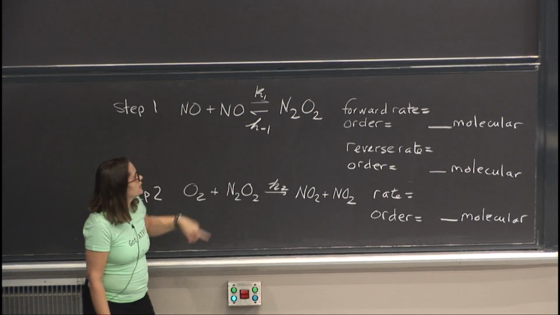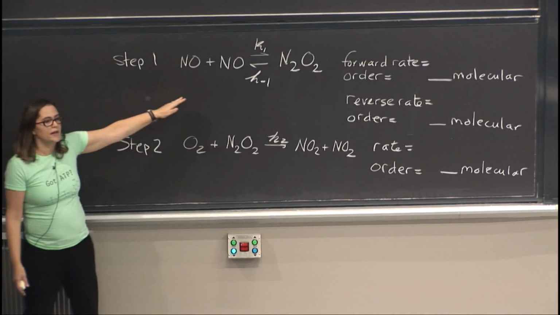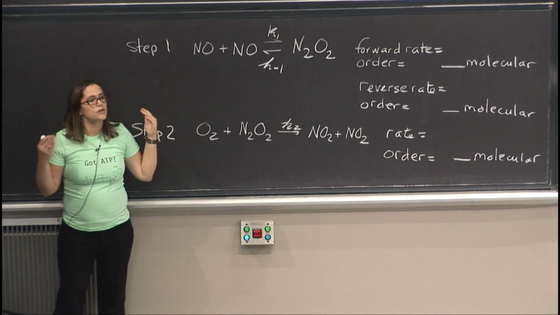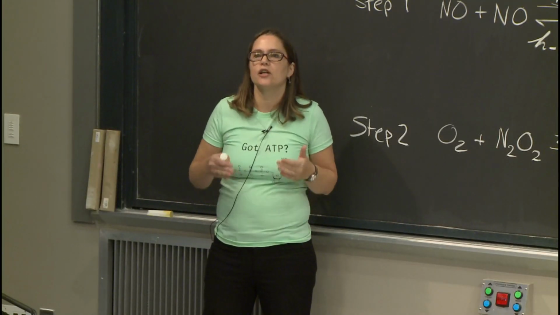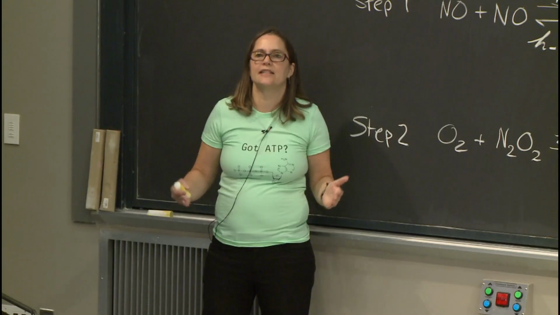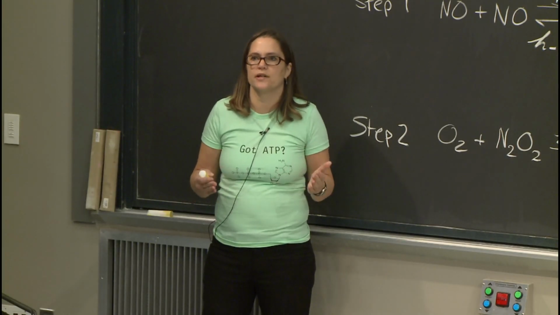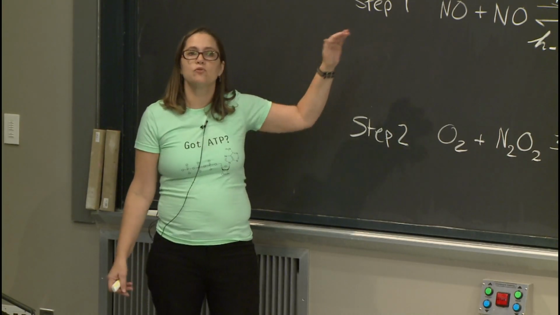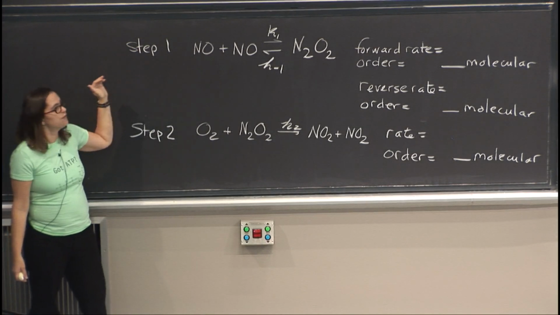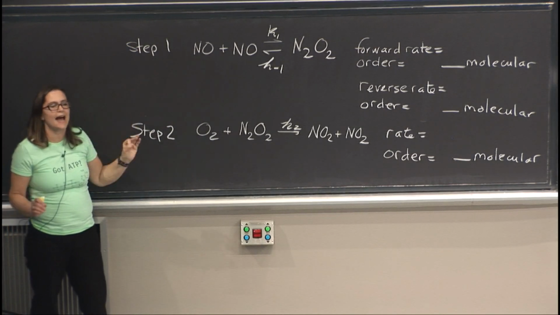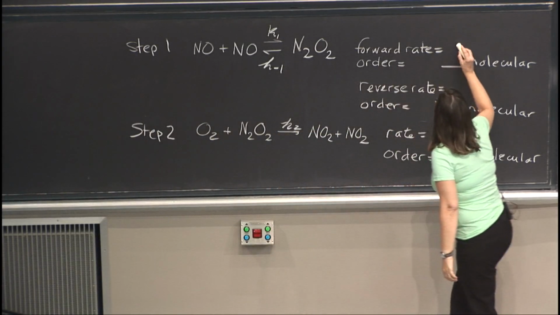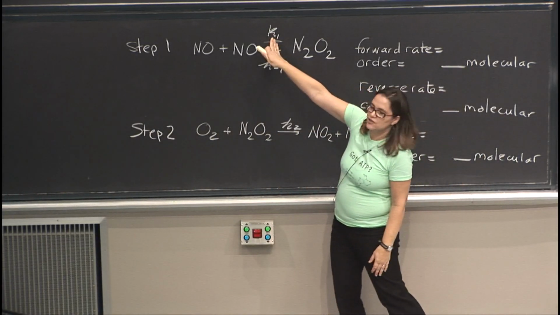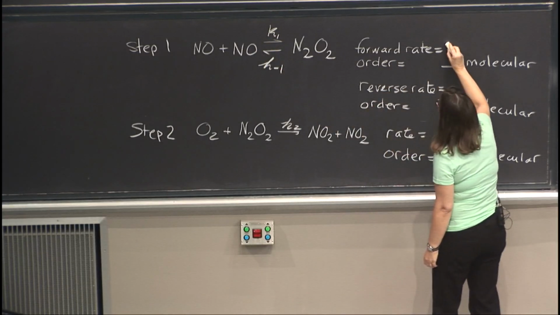So starting up here, this is being written as a series of steps, which are also called elementary reactions. And for an elementary reaction, it occurs exactly as written. That's its definition of an elementary reaction or a step. So now we can write the rate law for the forward direction of this exactly as it is written. So that would be writing, and these are my little k's for rate constants.